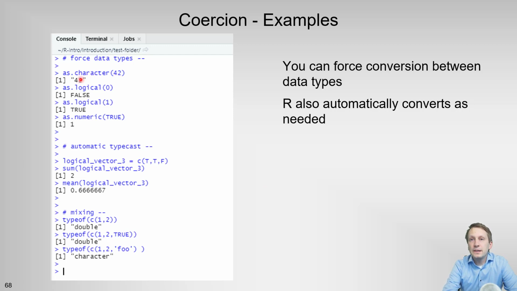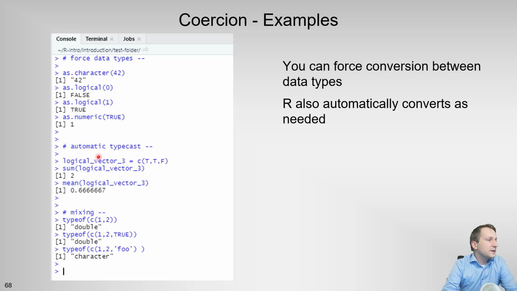But if you call as.character, it turns into a character. How can you tell that it's a character? Well, you have these inverted commas around it. When you convert a 0 to a logical with as.logical, then it becomes a false. If you convert a 1 to a logical, it becomes a true. And if you turn a true into a numeric, it becomes a 1. So following the conversion as I've just shown you on the previous figure.